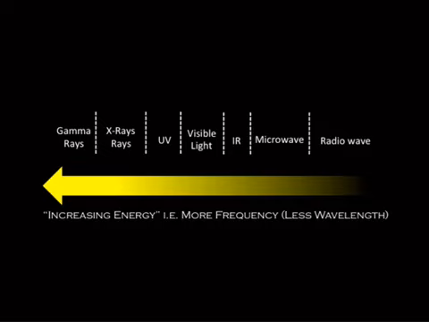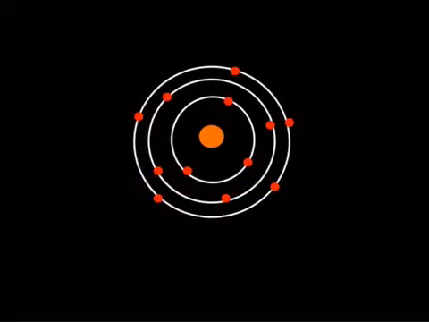So just looking at this real fast, X-rays are ionizing. But a radio wave is not, but they're all on a spectrum of electromagnetic radiation in that direction. So here we go.